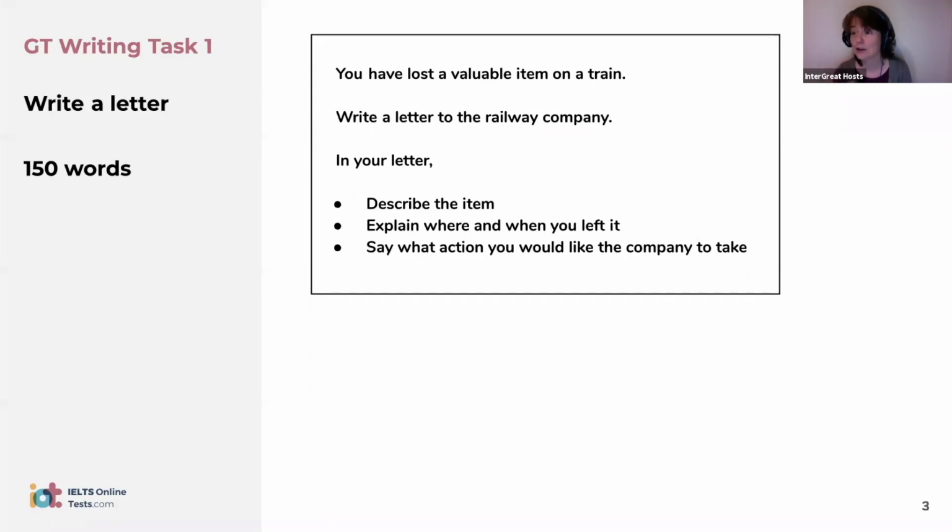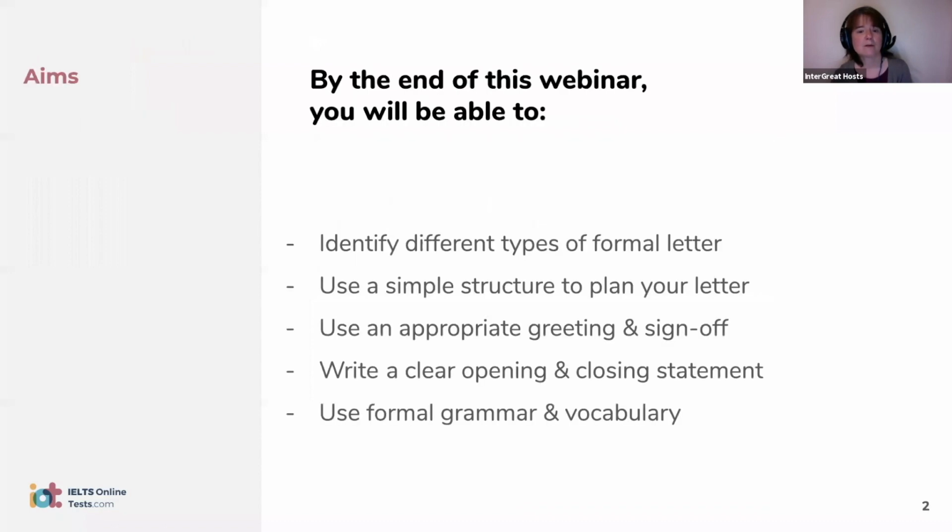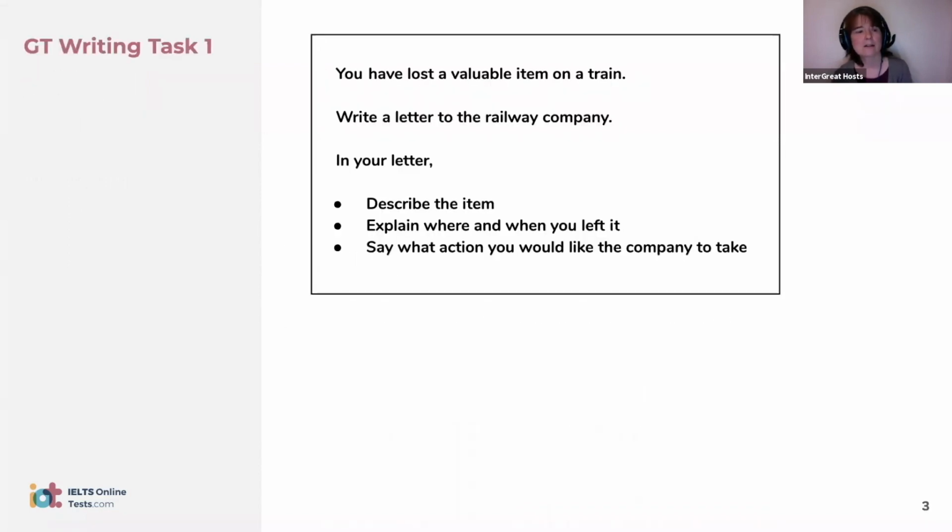As long as you're over 150, it's fine. So 151 words, totally acceptable. Sorry, I'll try and go back for a moment just to show you. That's what we're going to look at today.